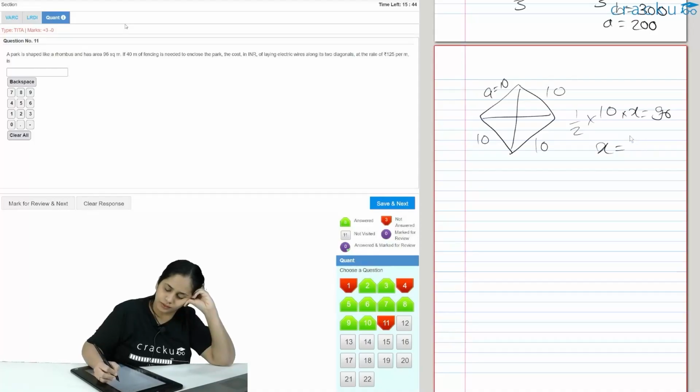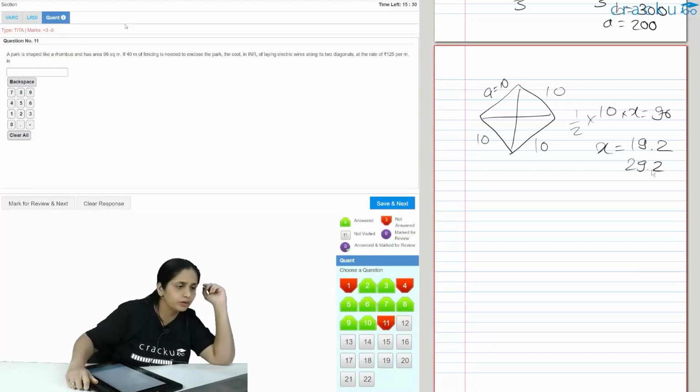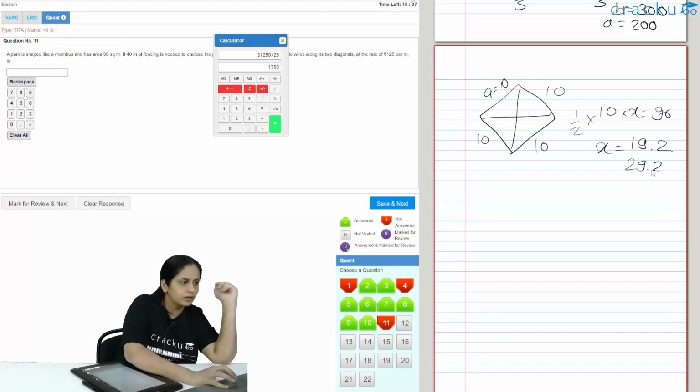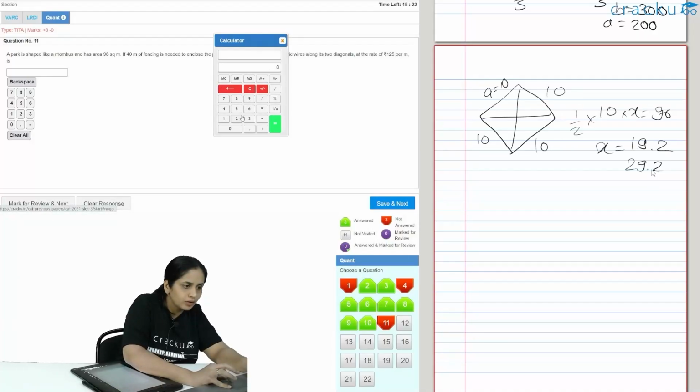So the others would be along the perimeter, so that would be 29.2 into 125 per meter. 29.2 into 125 is equal to 3650.